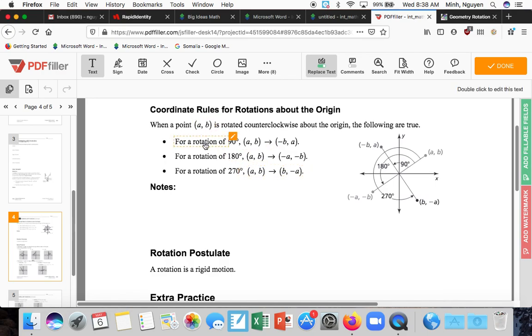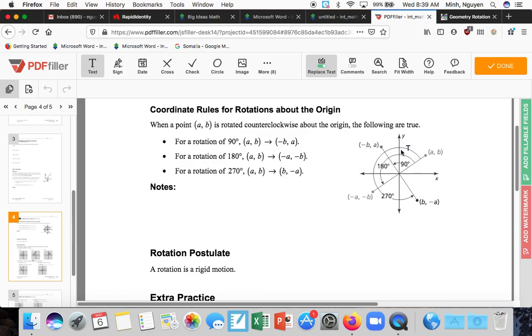When a point A, B, which is another way of saying x, y, it's the same thing, first number is along the x coordinate, and then the second number is along the y coordinate, is rotated counterclockwise about the origin, so counterclockwise going this way, the following are true. For a rotation of 90 degrees, (A, B) turns into (negative B, A).